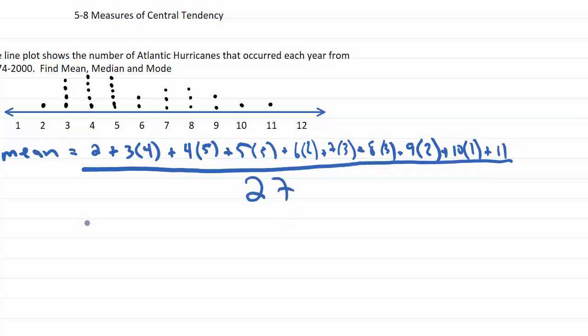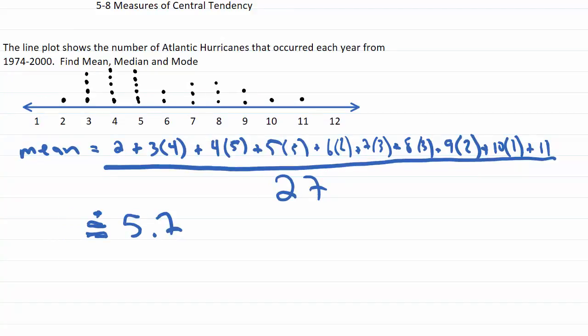So I do this calculation, calculator atop your shoulders, add all these up. 2 plus 3 times 4 is 12, plus 4 times 5 is 20, plus 5 times 5 is 25, 12, 21, and so on. Divide by 27, and I get approximately 5.7 hurricanes, which means there's about 5.7 hurricanes per year.